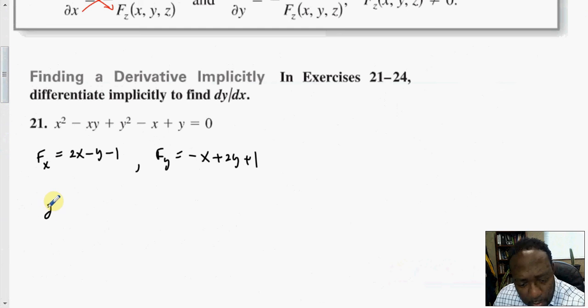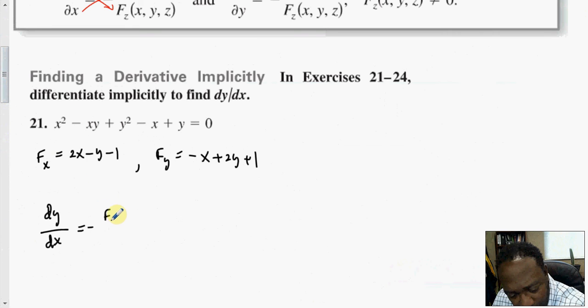And so dy over dx is said to be negative capital F sub x, evaluated at x, y, you can get formal, over the capital F sub y, the partial derivative of f with respect to y, evaluated at the point x, y.